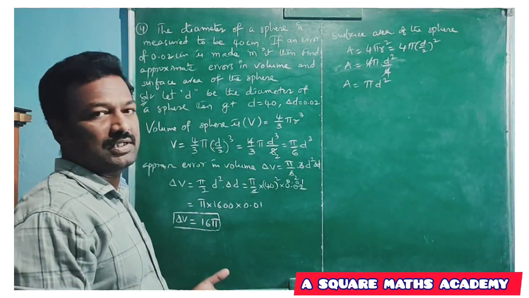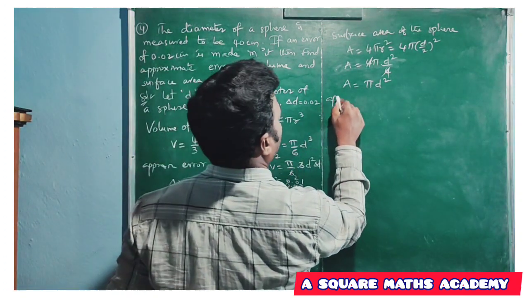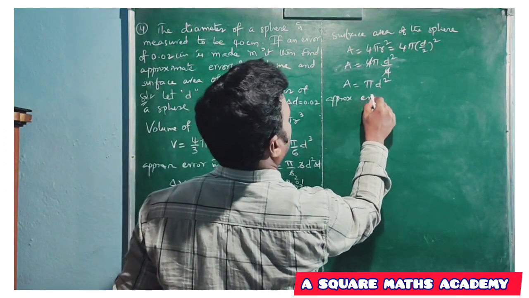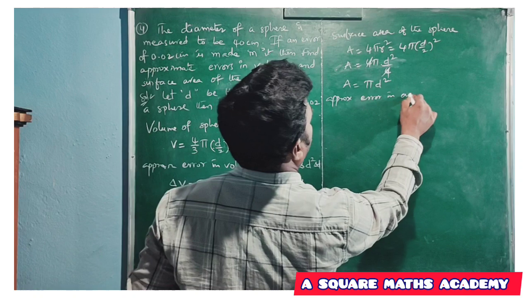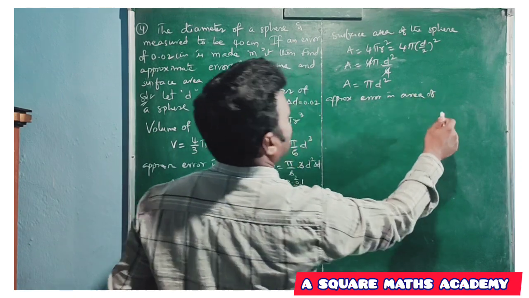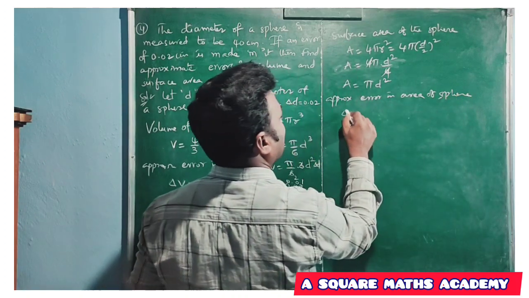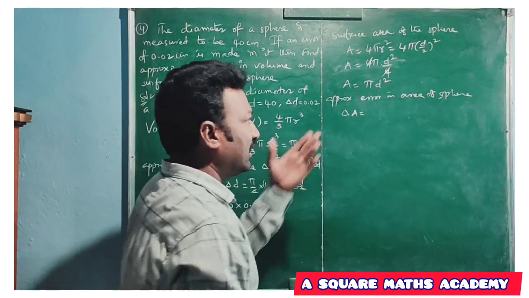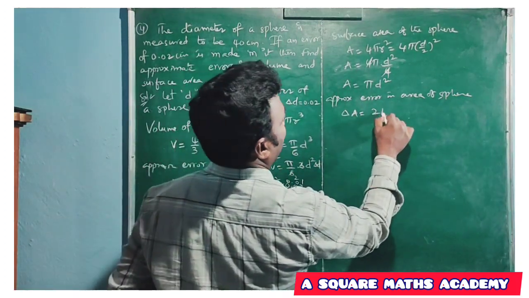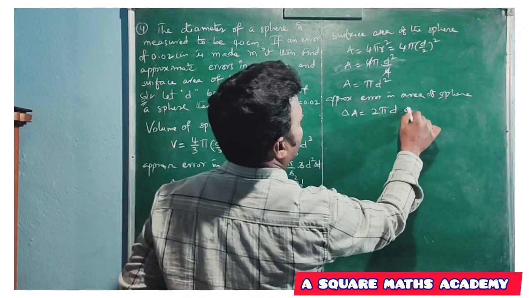Now we find the approximate error in the area of a sphere, delta A. Delta A equals, deriving it, 2 pi d into delta d.